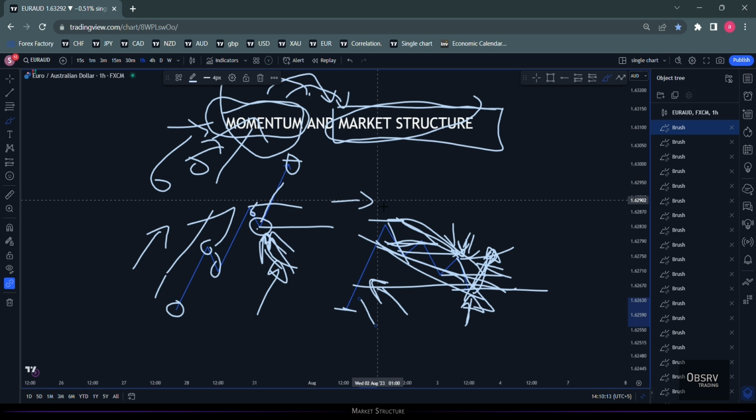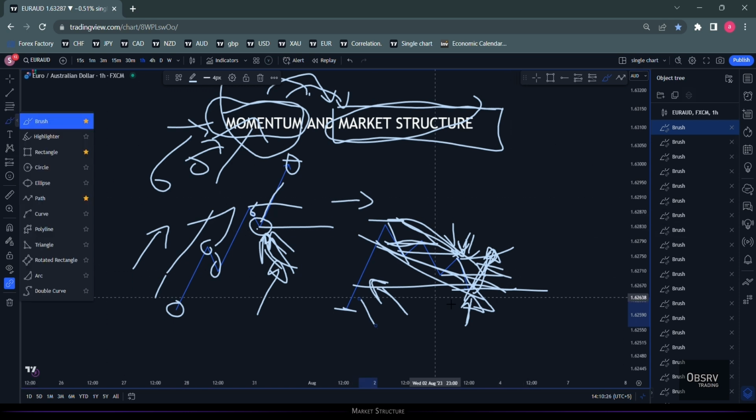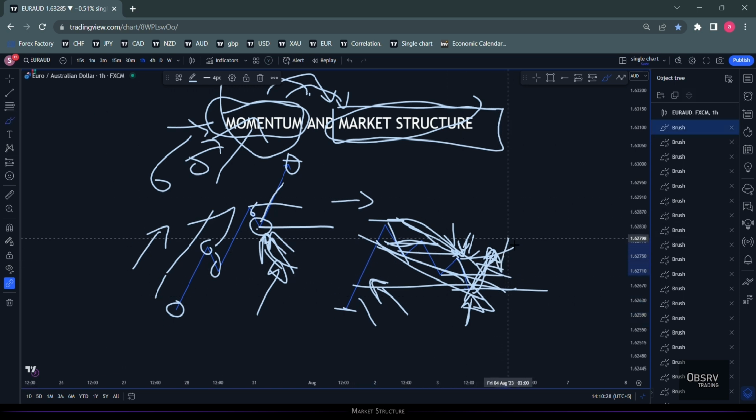And then what I want to see is my bigger time frame come back and challenge or break that structure of lower highs and lower lows, and try and start to put in a new structure that goes hand in hand with the higher time frame structure.